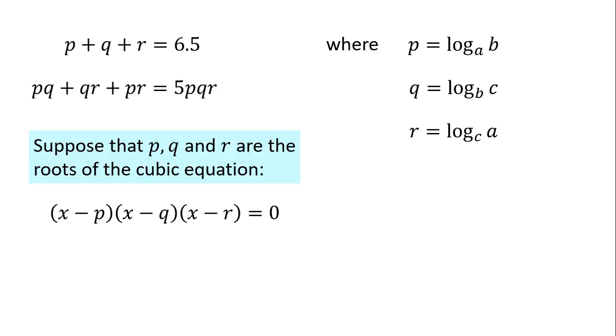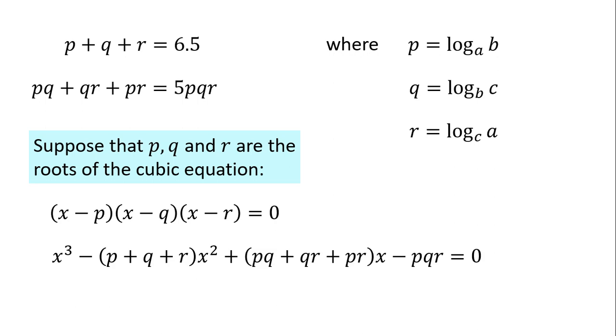Now, I'm gonna suppose that P, Q, and R are the roots of the cubic equation quantity x minus p times quantity x minus q times quantity x minus r equals 0, because if we expand the left-hand side of this cubic equation, we will get x cubed minus quantity p plus q plus r x squared plus quantity pq plus qr plus pr x minus pqr.